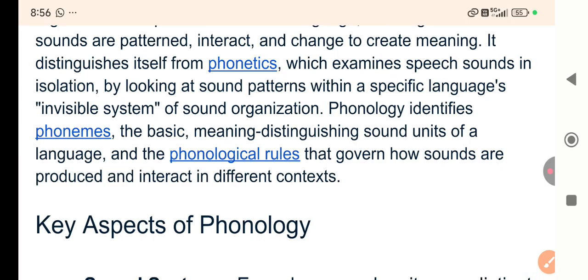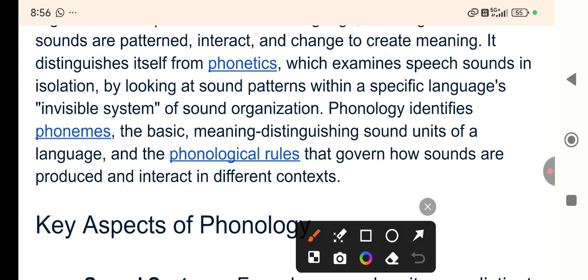Now, phonology identifies phonemes, the basic meaning distinguishing sound units of a language. And that is meaning distinguishing sound.